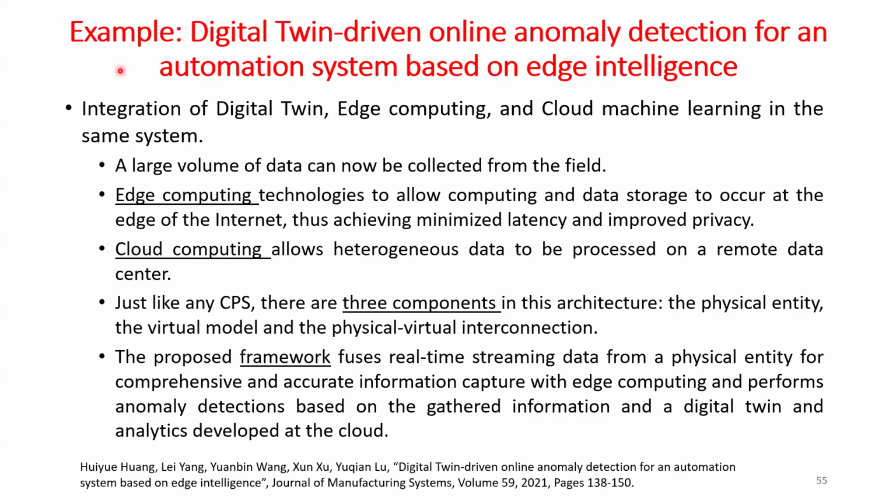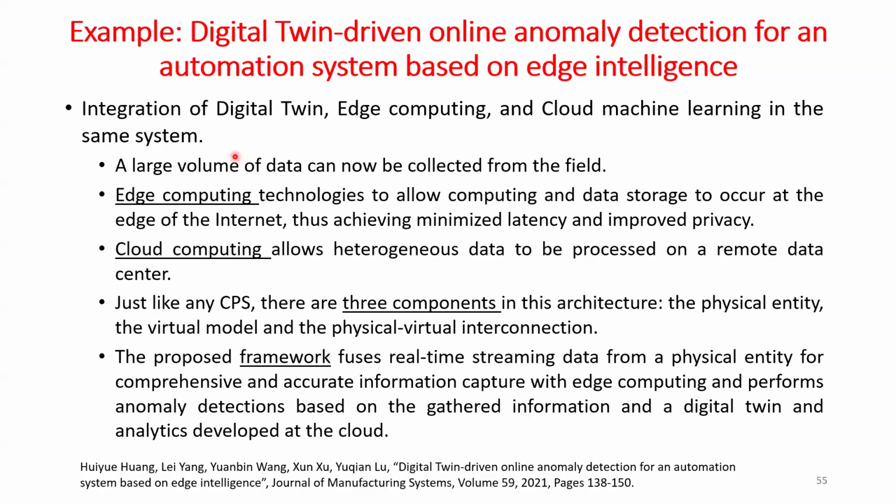Okay, so this example highlights how digital twin, edge computing, and cloud-based machine learning can be integrated to enable online anomaly detection in automation systems.